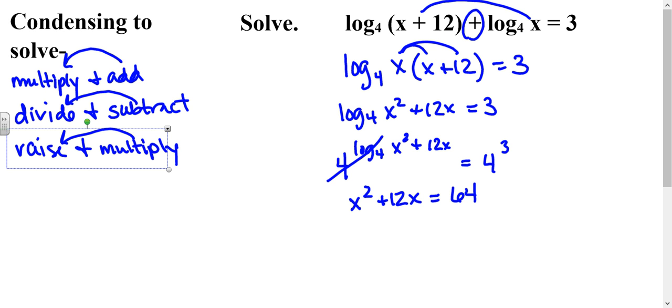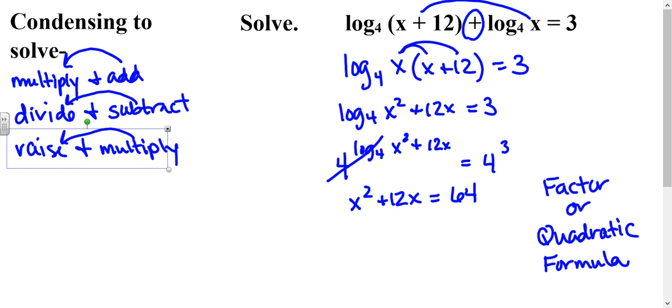I'm not really getting the x by itself. So when I have a quadratic equation with an x squared in it, there's only one or two ways to solve it. We can either factor, or we can do the quadratic formula, which is a lot longer, but sometimes you do that if it's not factorable.